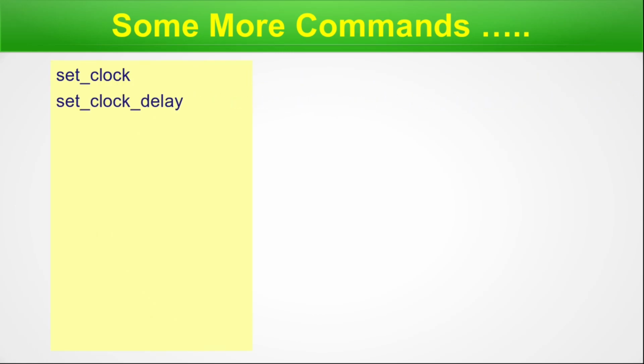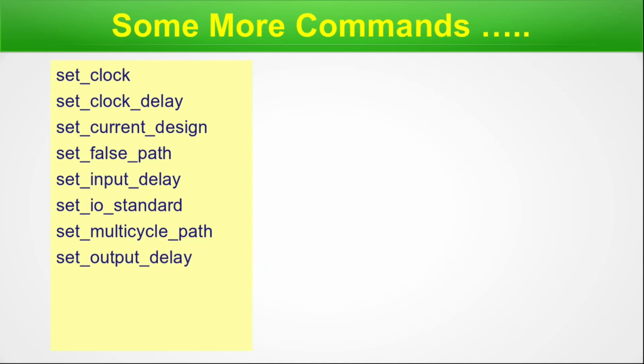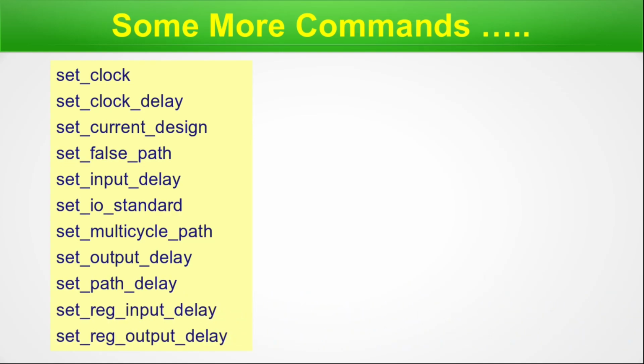Set clock, set clock delay, set current design, set false path, set input delay, set IO standard, set multi-cycle path, set output delay, set path delay, set range input delay, set range output delay. So all these names are self-explanatory. You can easily understand them and consult the manual whenever needed.